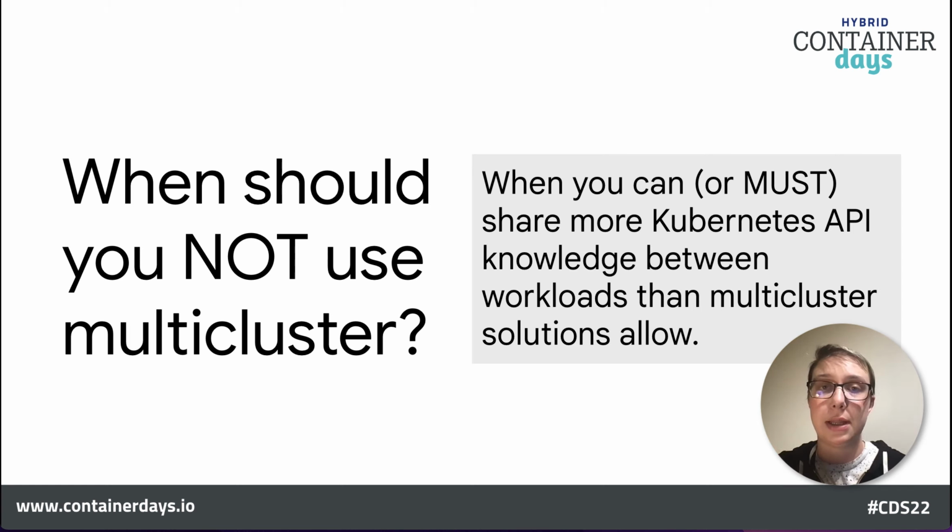It's still a piece of isolation, and if you need a lot more introspection into what's going on inside a given cluster's Kubernetes API server, you're not well suited to using these multi-cluster solutions, which keep that information transfer at a minimum.